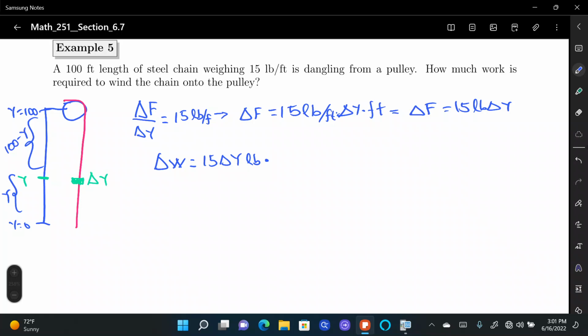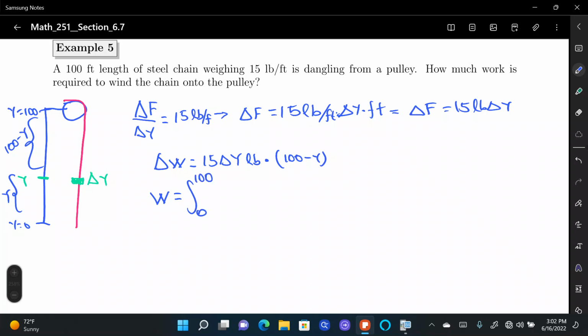So that's the remaining displacement for the chain, and in this case, that's 100 minus y. And we can go from finite elements, get rid of those deltas, and turn this into an integral. W equals the integral, in this case, from 0 to 100. Why is it from 0 to 100?